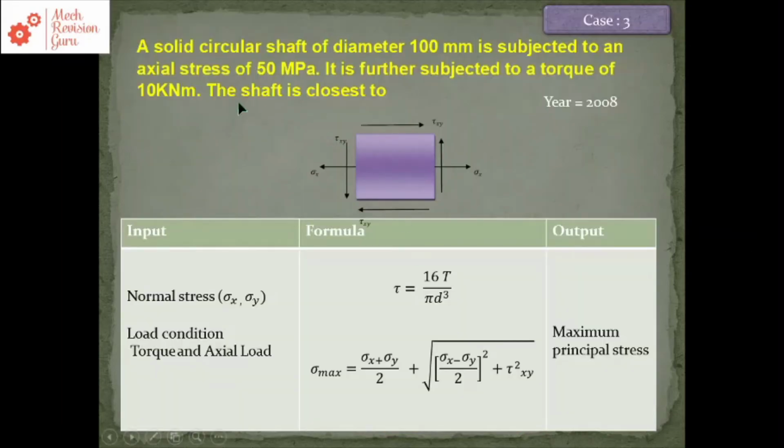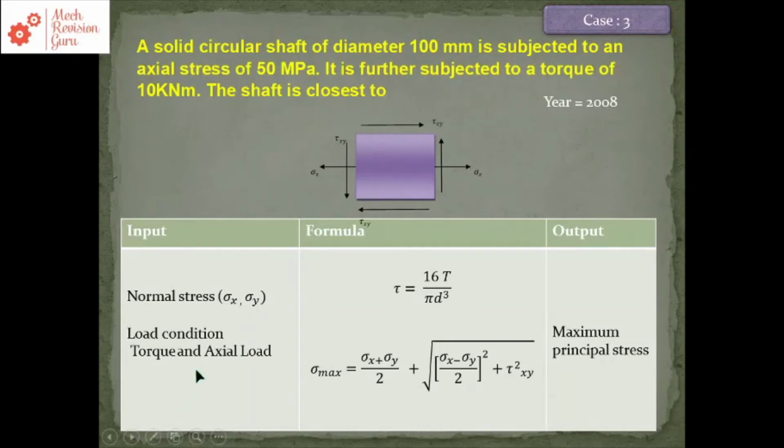Next, case 3: a solid circular shaft of diameter 100 mm is subjected to an axial stress of 50 megapascal. It is further subjected to a torque of 10 kN meter. Here one important thing is, they are asking for the maximum principal stress, but they are not giving the shear stress involved in the shaft.